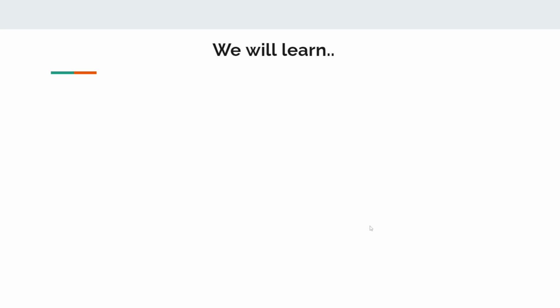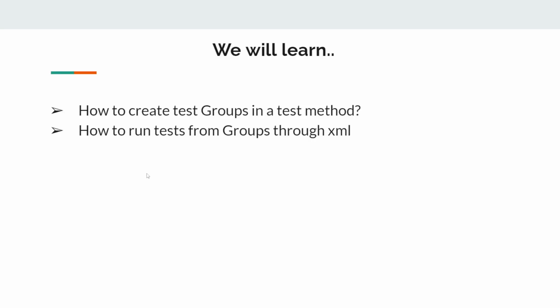So what we're going to learn in this session: we'll learn how to create test groups in a test method. We all know these test cases are nothing but methods, so your group names should be applied to a test method so that we can use that name to execute. Then we'll see how to run those tests from groups through the TestNG XML file.